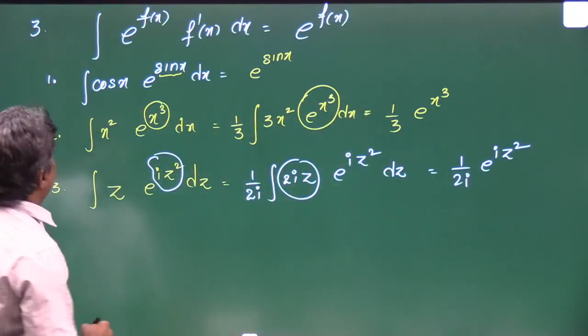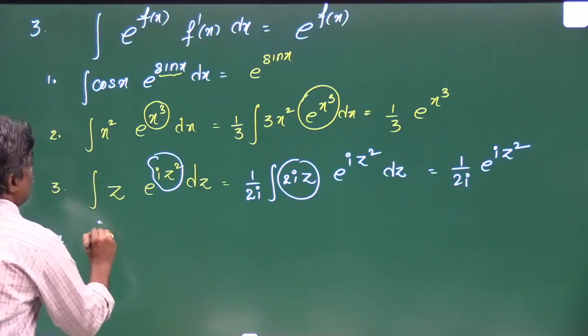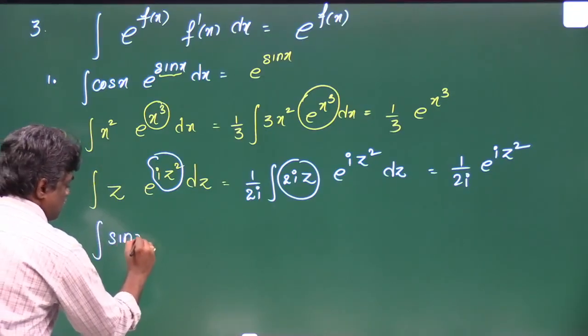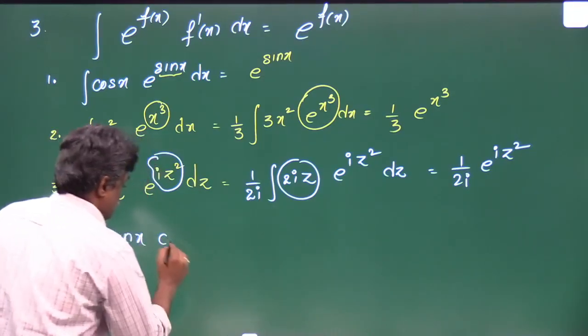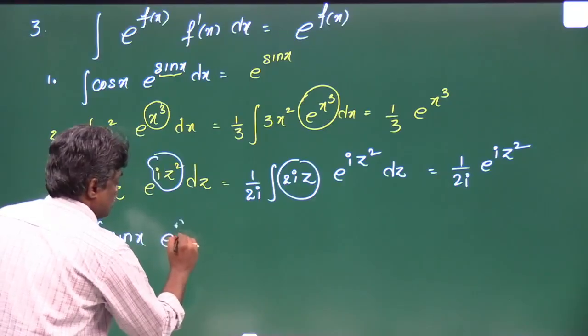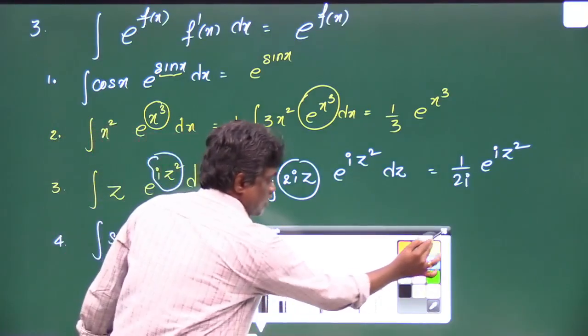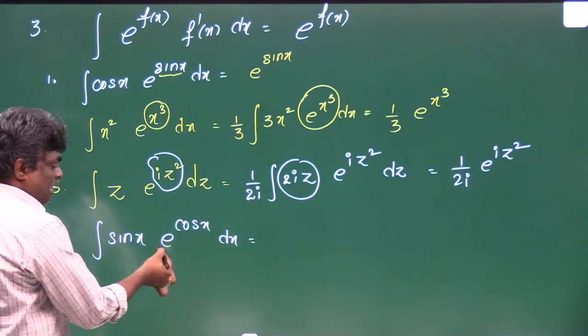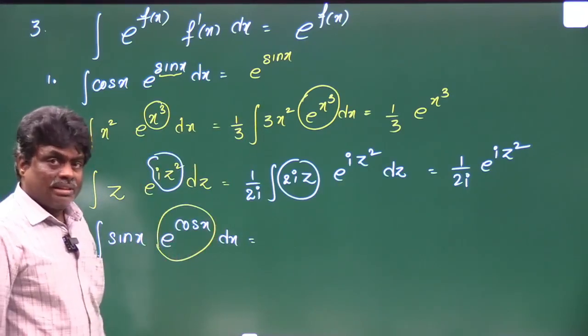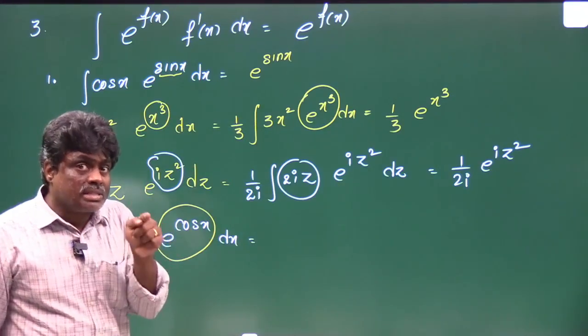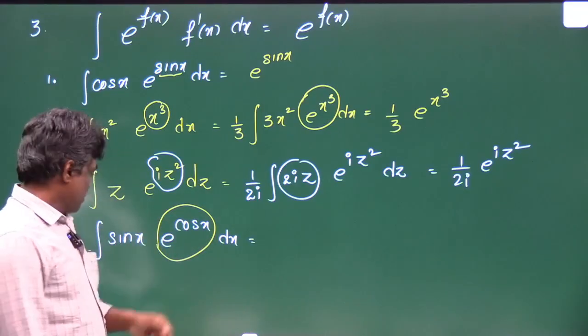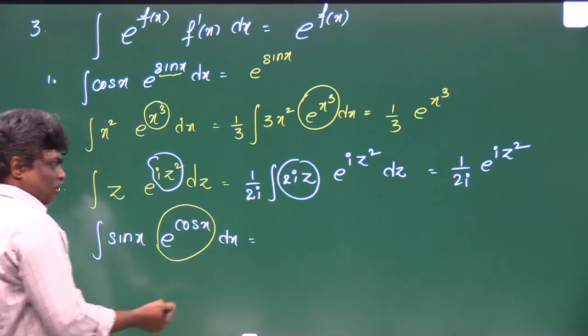And let us take another one, the fourth also. Integral sin x e raised to cos x dx, please do this. So here we have e raised to f of x, where f of x is cos x. Cos x differentiation is minus sin x, but unfortunately minus is not there, no issue.